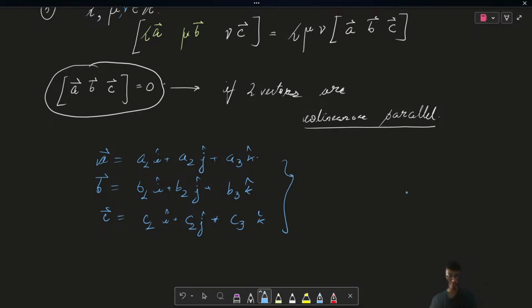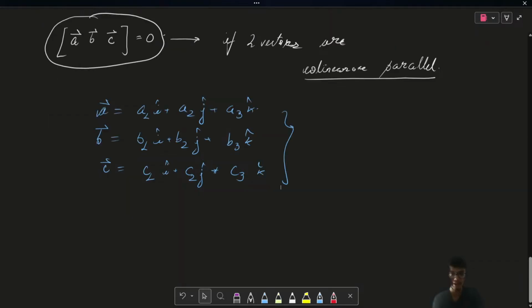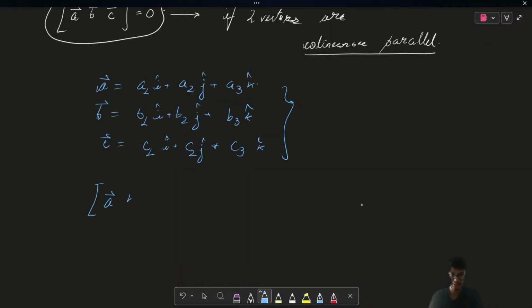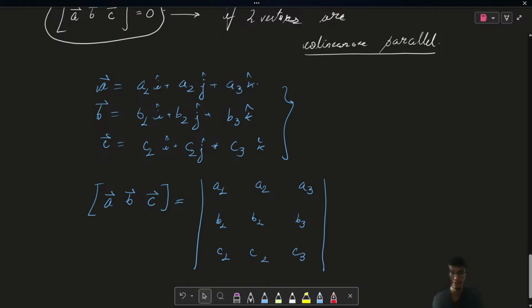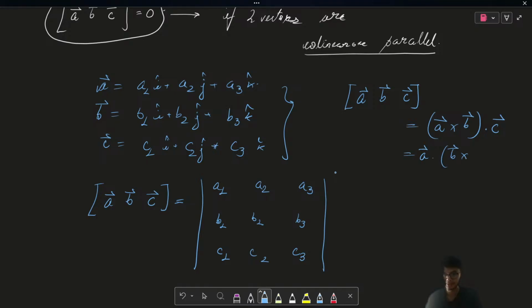If we need to compute the scalar triple product of these three vectors, then the result can be easily calculated by following the operation of this determinant. We have seen that the scalar triple product is basically a dot b cross c.